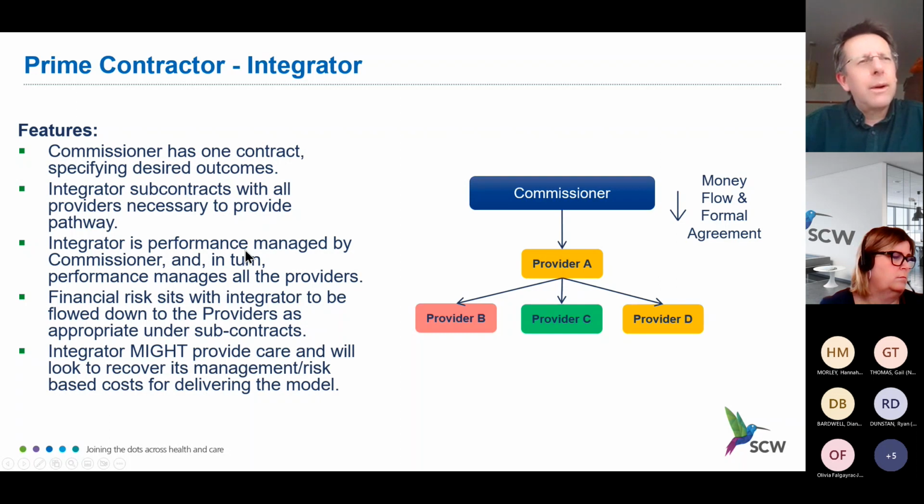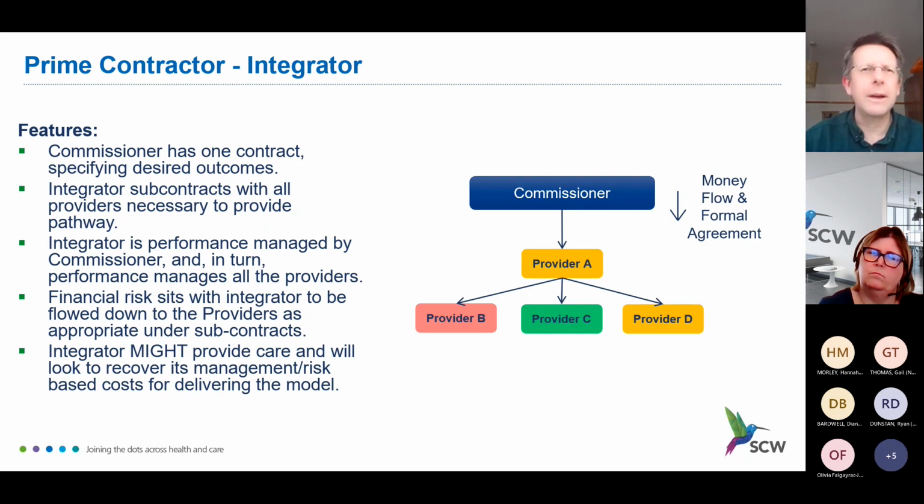And perhaps a more understood contractual relationship is when we have a prime provider contract. The commissioner has a bilateral contract with a specific provider. That provider is a provider of services, but also an integrator and a subcontractor, and so they will then seek to deliver the wider services through a range of subcontracts with other providers to help deliver that.